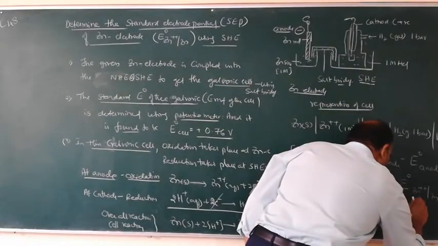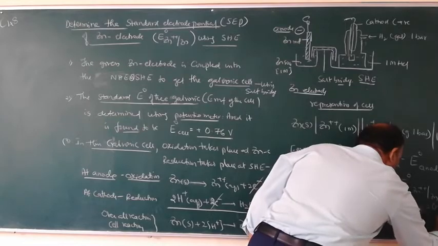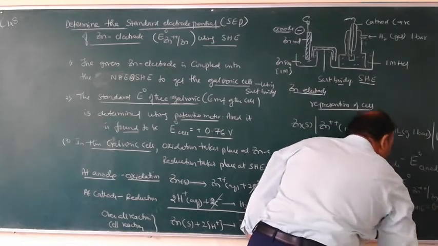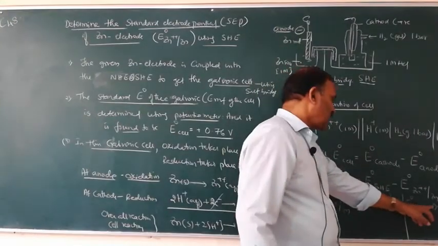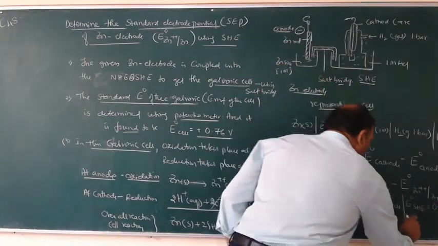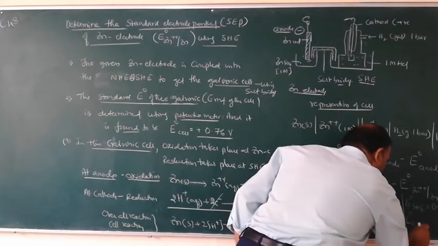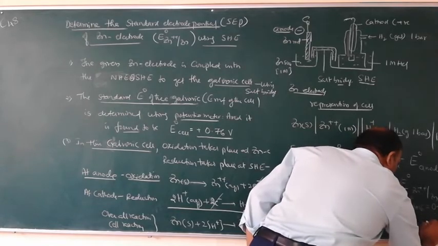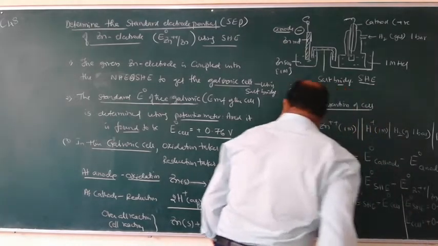We know E0 of SHE is equal to 0.0 volt. The standard electrode potential of the hydrogen electrode at any temperature is equal to 0.0 volt. We have determined E0 of cell, the EMF of the cell, is equal to plus 0.76 volts.